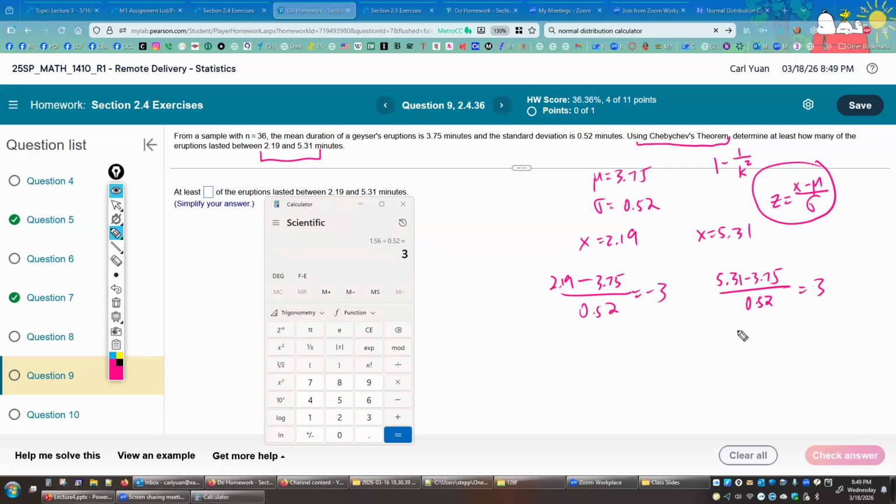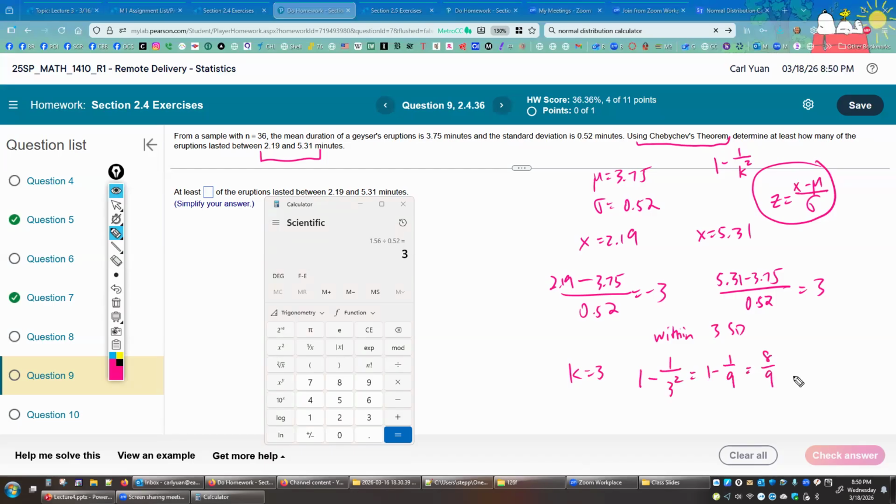But using Chebyshev's estimation, we're going to do k equals 3. So it's going to be 1 minus 1 over 3 squared. This is going to be 1 minus 1 over 9, so this is going to be 8 over 9.